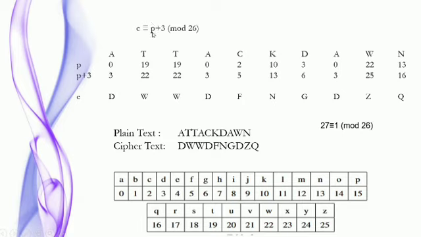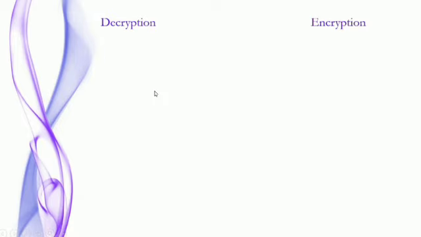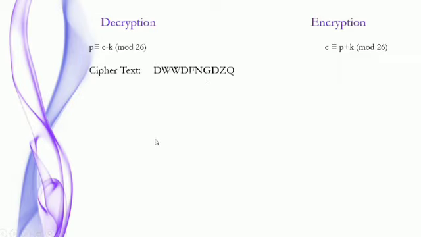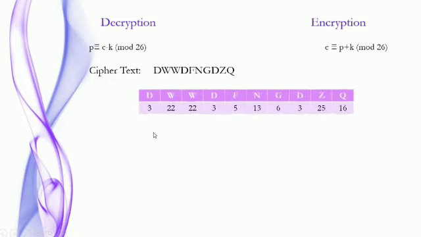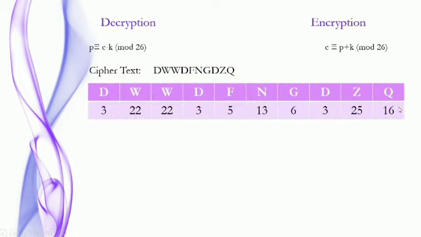So we are going to find P, and we now have the ciphertext D, W, W, D, F, N, G, D, Z, Q, and so take this 3 to the other side, so you get C minus 3, right? So it is C equals P plus K, and so the decryption will be P equals C minus K, right? So this is the ciphertext and its corresponding numerical value.